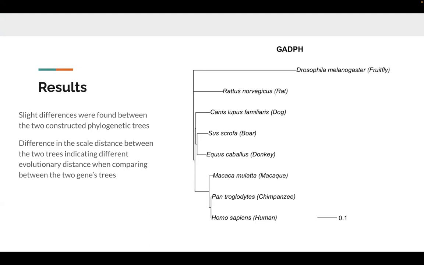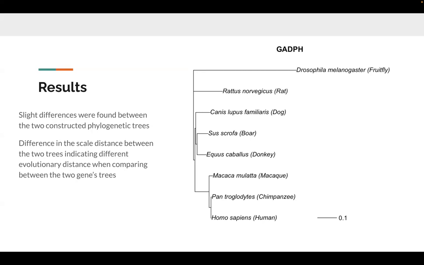And from the two trees, we can see that there were some differences in the trees. Mainly, you will see that there's a difference in the scale that indicates a difference in the distance between the evolution of the two genes.